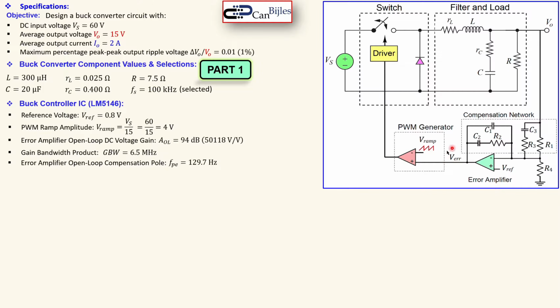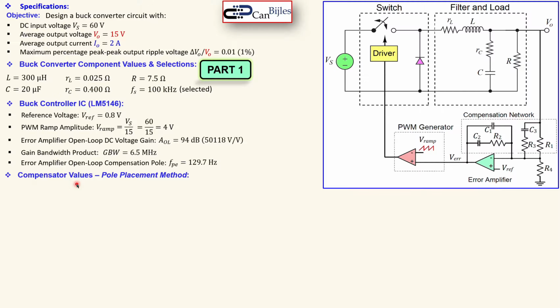And the error voltage will then go into this PWM generator, compared to that ramp signal, and then activate this driver to change the duty cycle for this switch. That's actually the whole idea of this diagram.